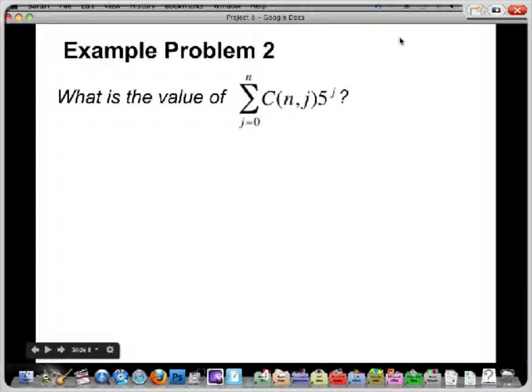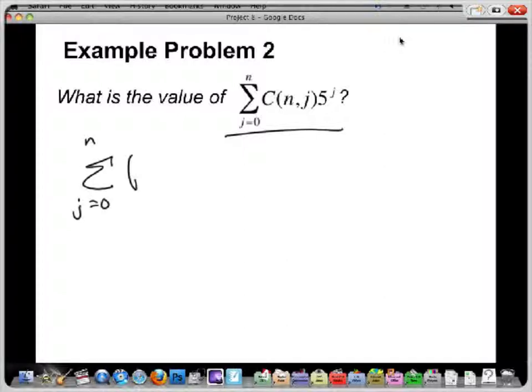Moving on to our second example problem, we are asked to find the value of the sum from 0 to n of n choose j times 5 to the j. This problem's a little more tricky, and if we look carefully, we can see that this is a special case of the binomial theorem, and we should probably work backwards. This sum is equal to the sum of n choose j times 5 to the j times 1 to the n minus j, because anything times 1 is itself, and 1 to the power of anything is just 1.